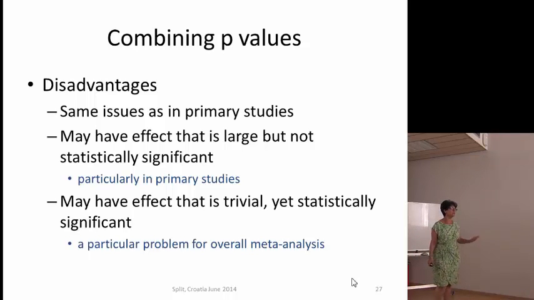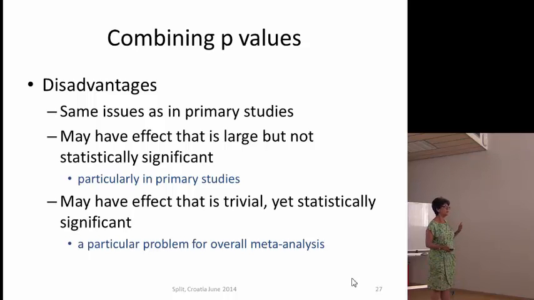And if you're going to be doing an overall p-value meta-analysis, the biggest concern would be that, yes, it is statistically significant because you've combined so much information, but in terms of clinical or practical value, it's really a tiny effect and nobody would care. So you have to watch out for that.